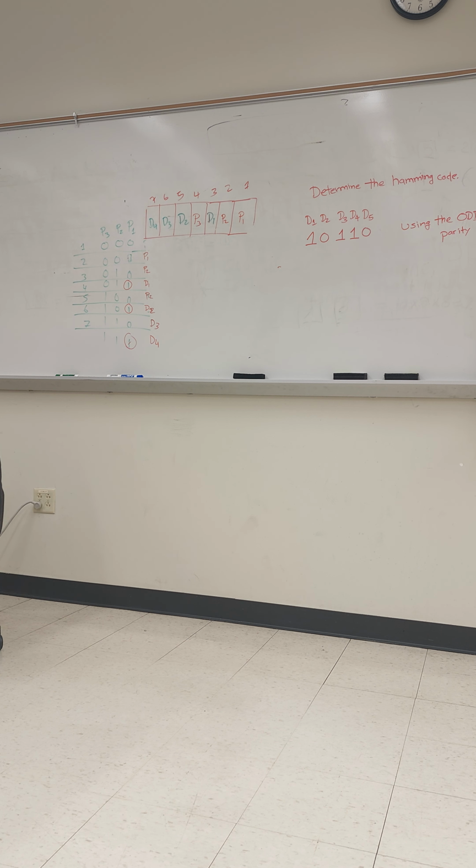So this table will show us which position, which data bits we'll choose. Then we'll count the number of ones. As you're looking for odd, if it is even, we'll make it odd. If it is already odd, we don't need to put anything.